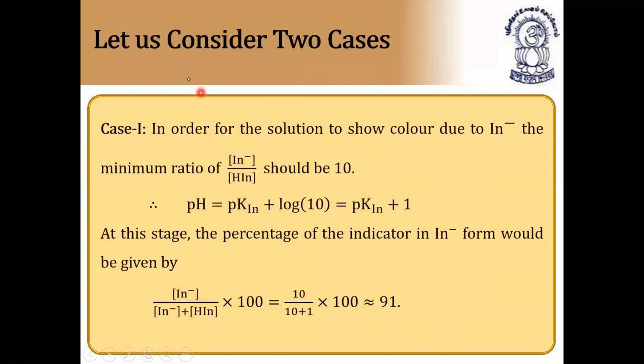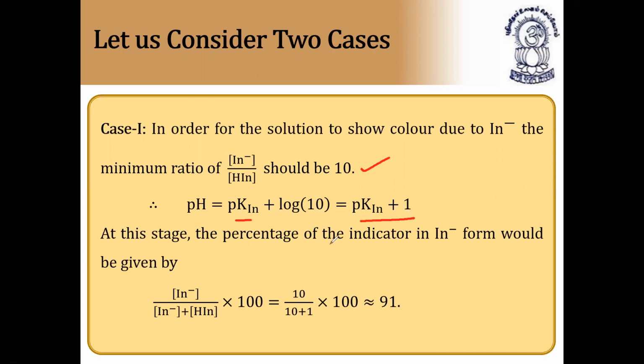Let us consider these two cases. For the solution to show color due to IN-, the minimum ratio of the concentration of IN- to the concentration of HIN should be 10. So log 10 to the base 10 is 1, and pH = pKIN + 1, which means the pH value should increase by 1 unit.